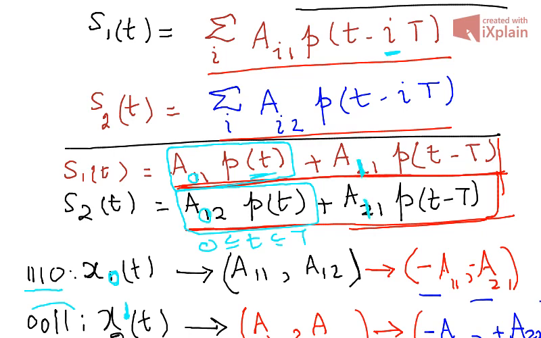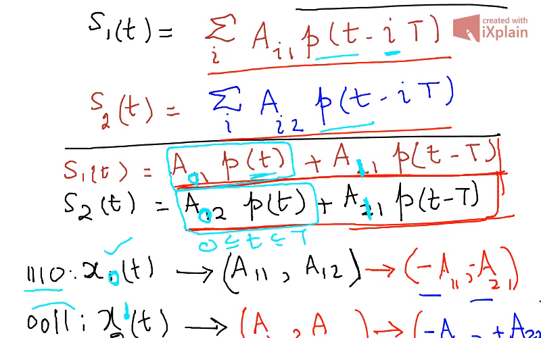The second symbol is 1. So when you have i equal to naught, you are transmitting x naught of t. The first symbol's rectangular parts are a sub naught 1 and a sub naught 2, so you will have p of t. For the second symbol, you are transmitting x1 of t, so i is 1.